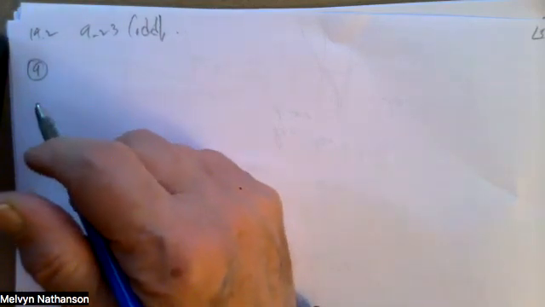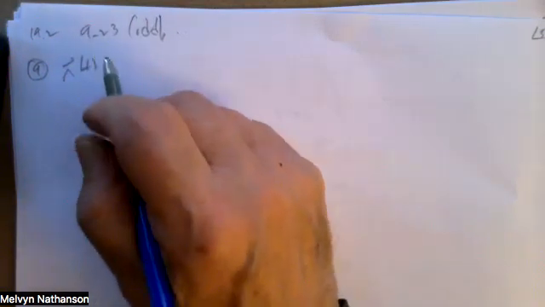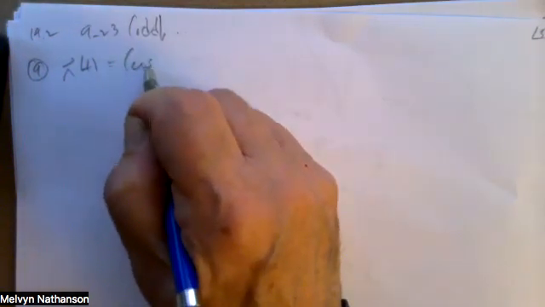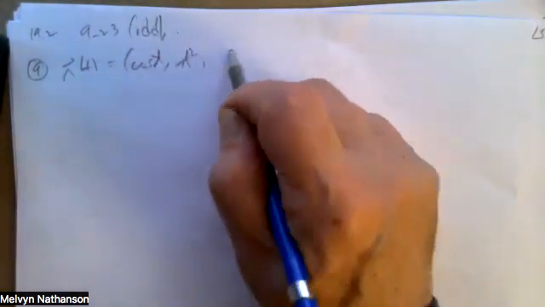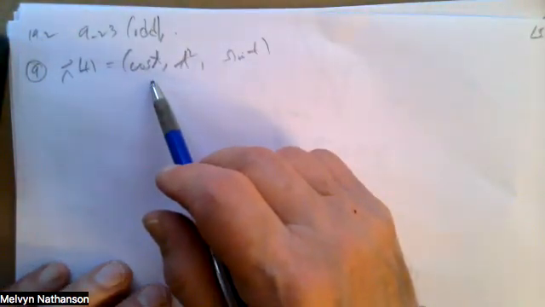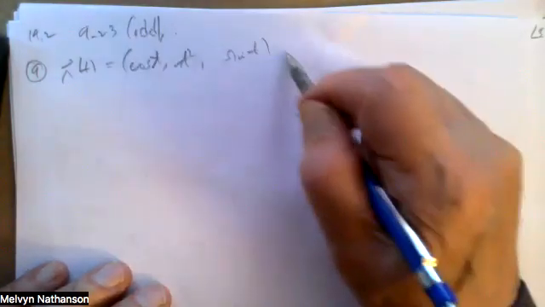So let's look at problem 9. We have the vector valued function r of t is equal to cosine t, t squared, sine t. You differentiate a vector valued function by differentiating the coordinate functions separately.